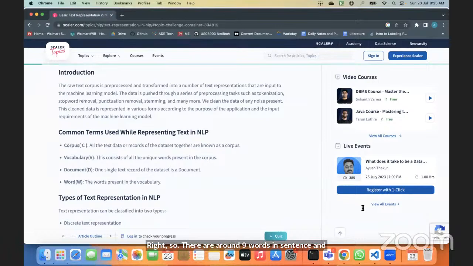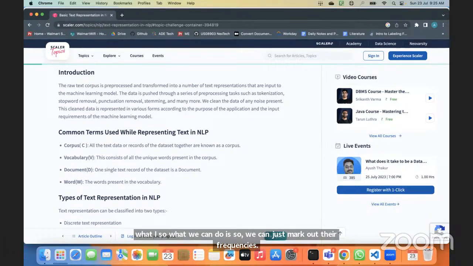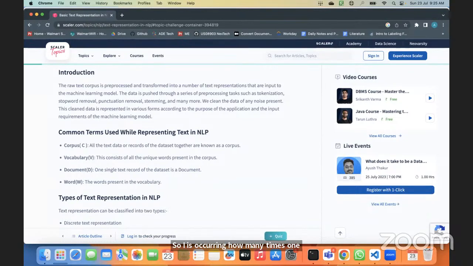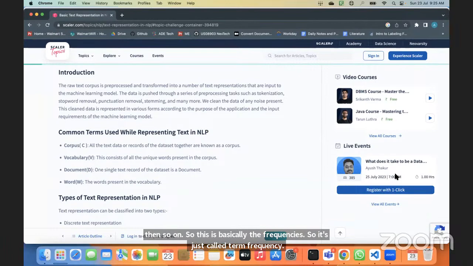It's obvious that some of the words are repeating, so we can mark out their frequencies. I occurs 1 time, have occurs 2 times, a occurs 2 times, and so on. This is called term frequency. This is the most basic way to represent any sentence mathematically.